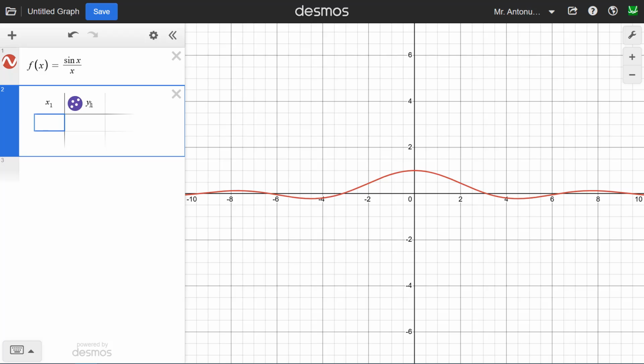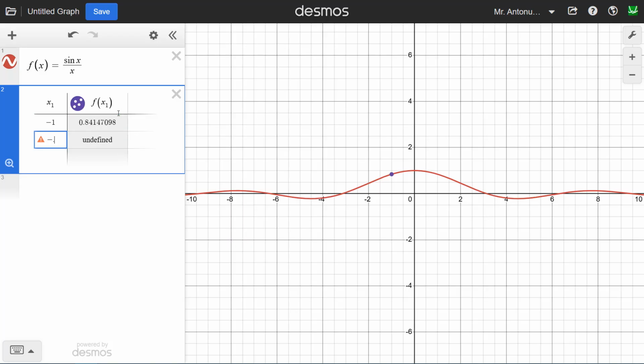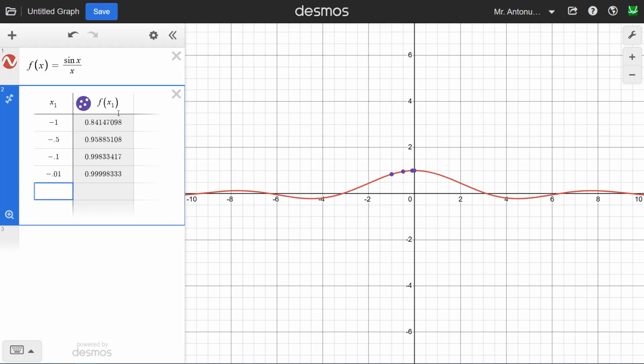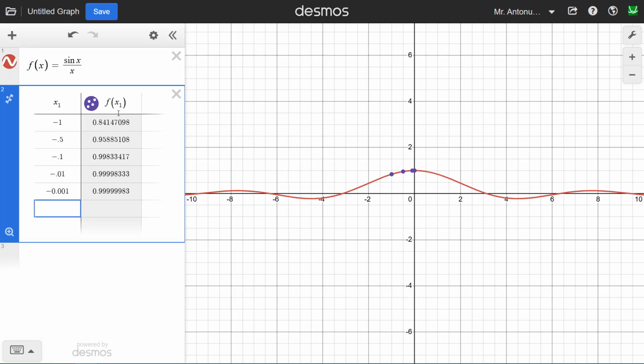So we can make a table of values, change this to f of x1, and then we're going to go -1, -0.5, -0.1, -0.01, and you could see that the y values are getting closer to 1 from the left. So we would say the limit as x approaches 0 from the left of f of x is 1.